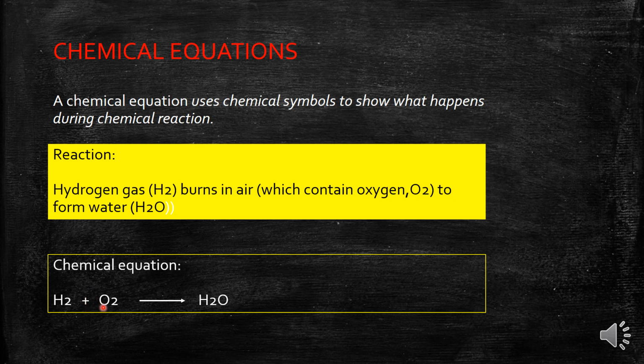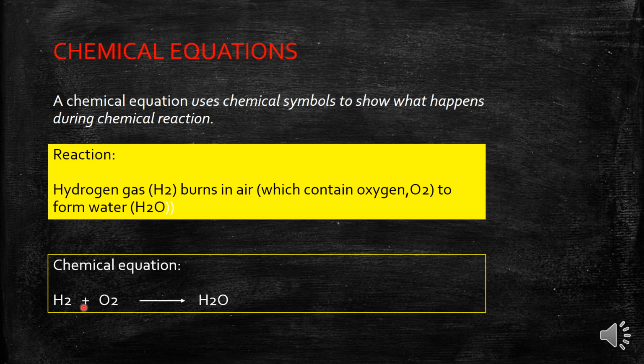where the plus sign means react with and the arrow means to yield. Thus, this symbolic expression can be read: molecular hydrogen reacts with molecular oxygen to yield water.